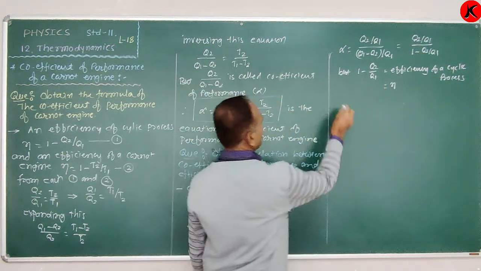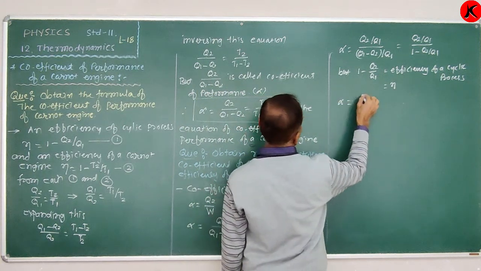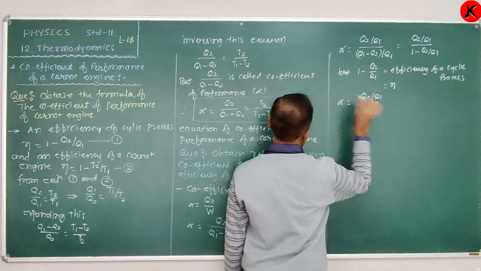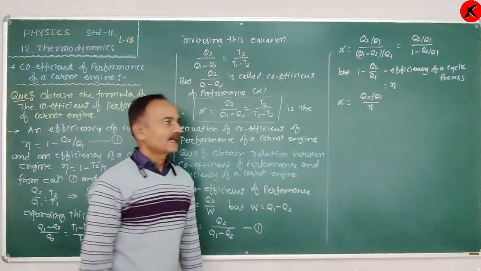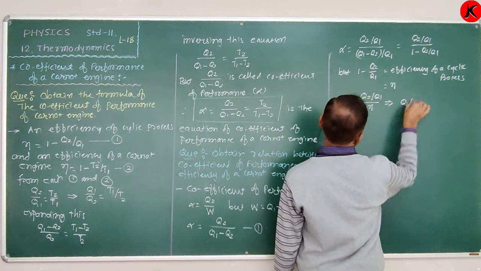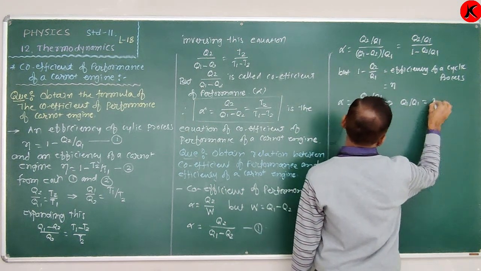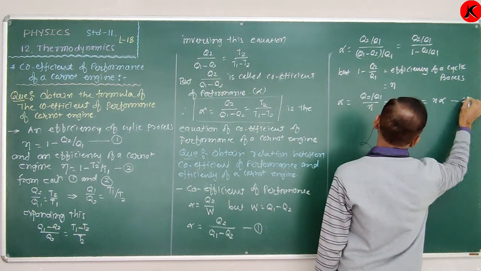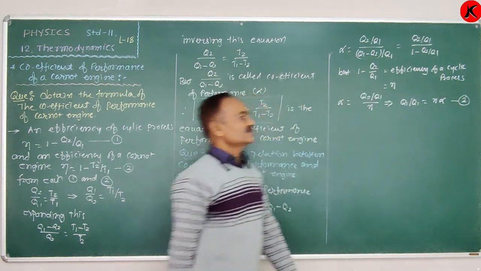Therefore, our equation becomes alpha is equal to Q2 upon Q1 upon eta. Therefore, Q2 upon Q1 is equal to eta alpha. That is our second equation.